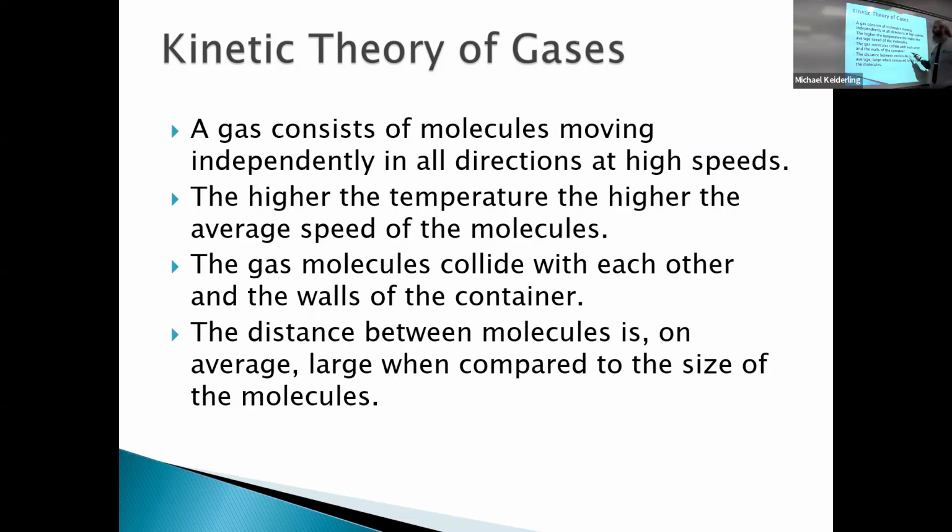The gas molecules will collide with each other and with the walls of the container. And the distance between molecules is on average large compared to the molecules themselves. So you can derive this reasonable approximation of how gases work by assuming gas molecules don't interact with each other and they just bounce off the walls of the container.